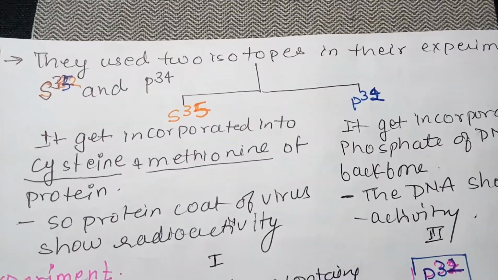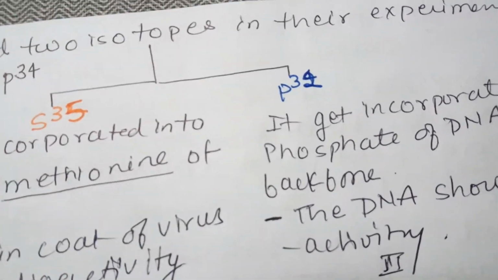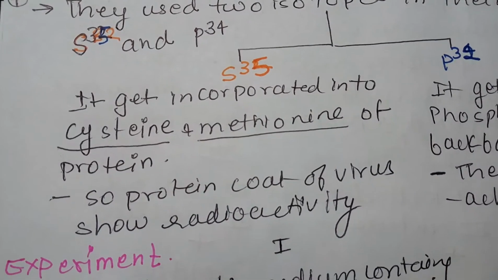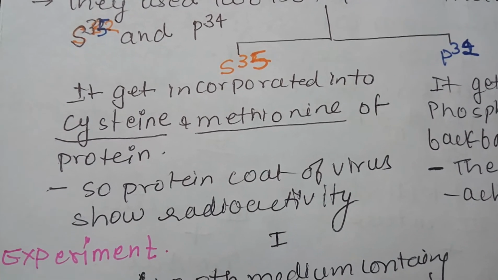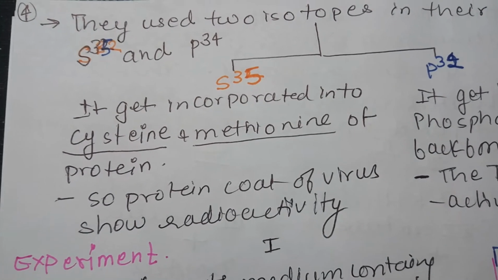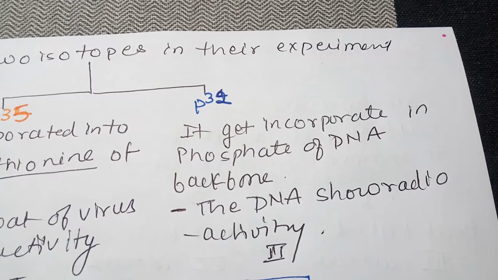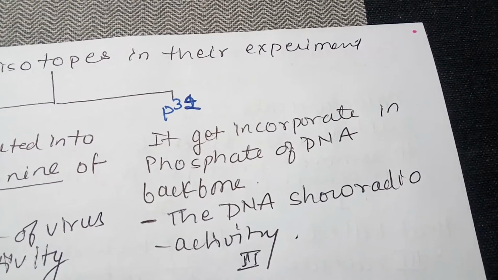Here they have taken two different isotopes, one of sulfur 35, and one of phosphorus 32. Sulfur gets incorporated into the cysteine and methionine of the protein coat of the virus, so the protein coat shows radioactivity, whereas phosphorus gets incorporated in the phosphate of the DNA backbone, so the DNA shows radioactivity.